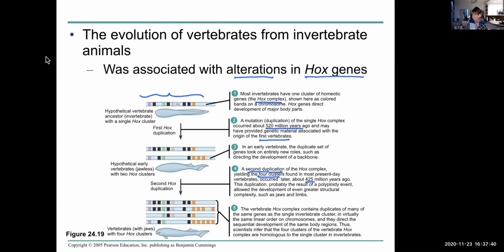They occurred probably 425 or so million years ago. It could have been a polyploidy event that caused that to happen. Because now you've got not just one set, but 2 sets of these Hox genes, it allows the development of greater structural complexity, like jaws, for example, and limbs. So the vertebrate Hox complex contains duplicates of lots of the same genes in invertebrates.